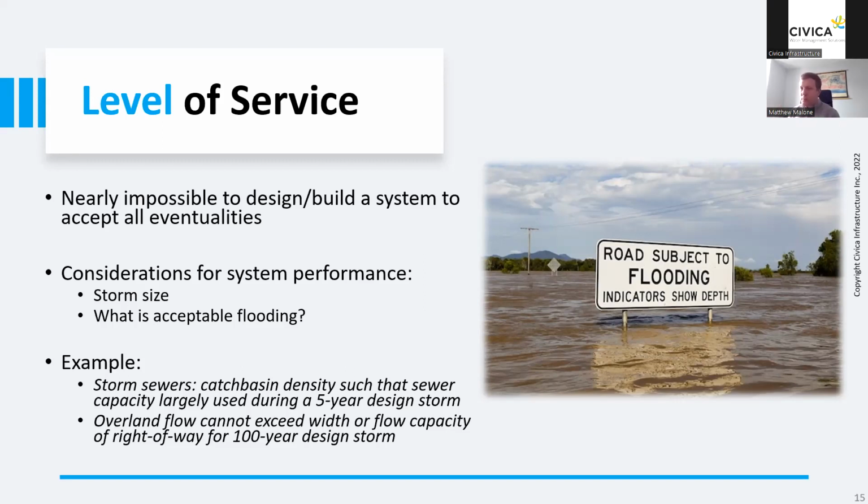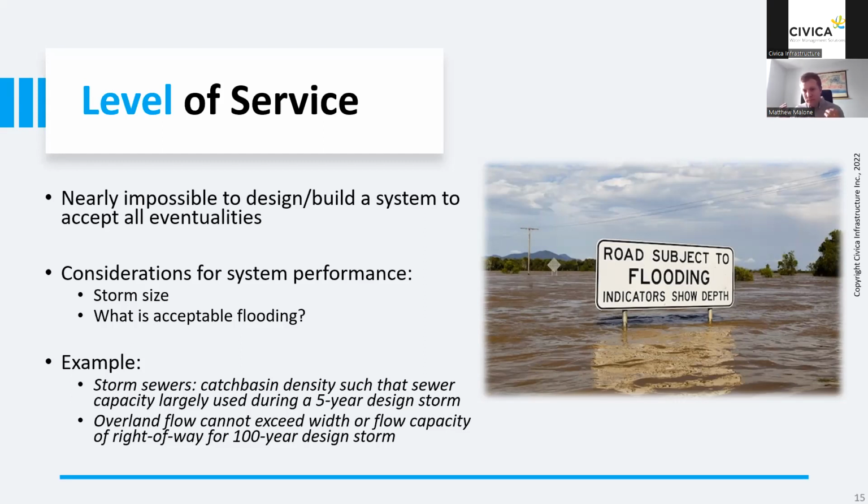I just pulled an example from a municipality in the GTA. For storm sewers, they have a catch basin density such that sewer capacity is largely used during a 5-year storm, and overland flow cannot go beyond the public right of way during a 100-year storm. You'll see slightly different language and different levels of service between different municipalities, but this is one that's fairly common to municipalities around here.